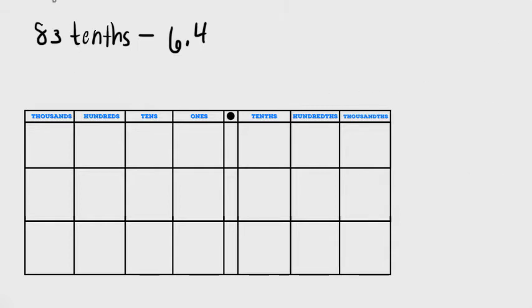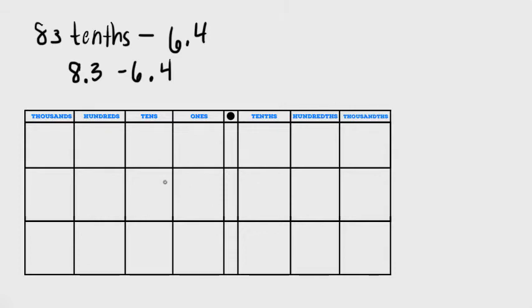First thing I'm going to do, I'm going to rewrite 83 tenths. What is 83 tenths? 83 tenths is 8.3. So 8.3 take away 6.4. And then I'm going to just visualize it and draw it. So let's do that.